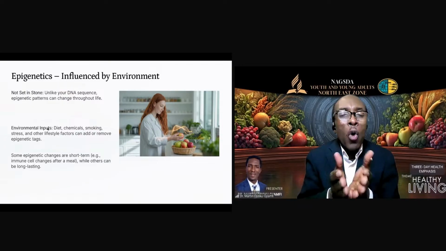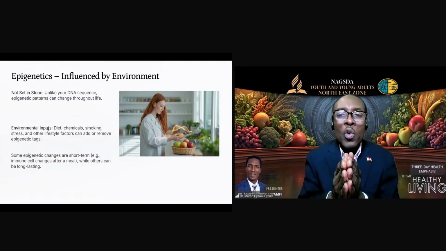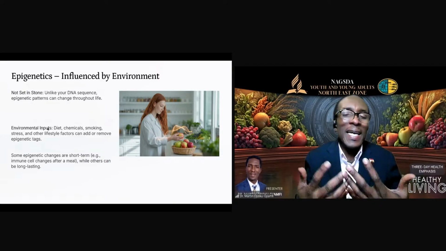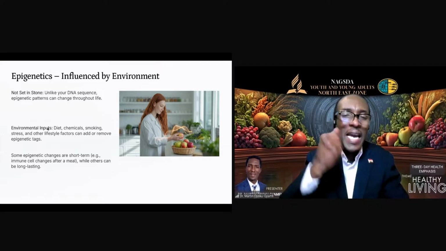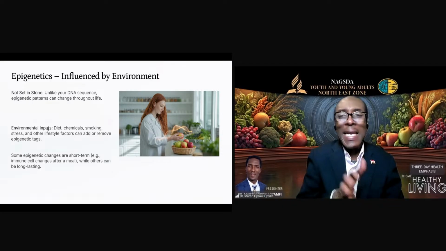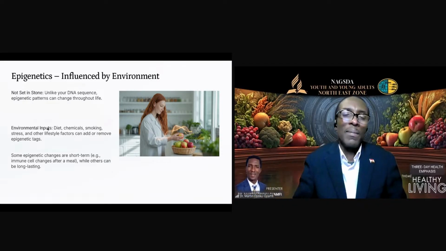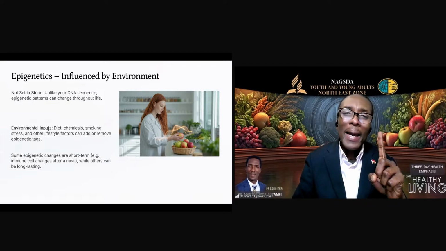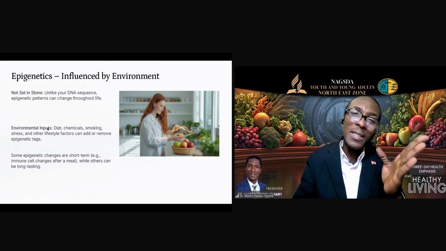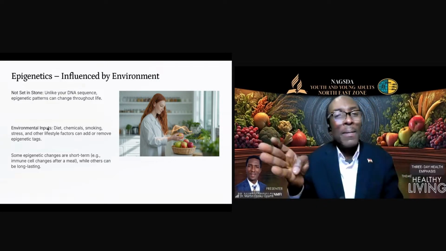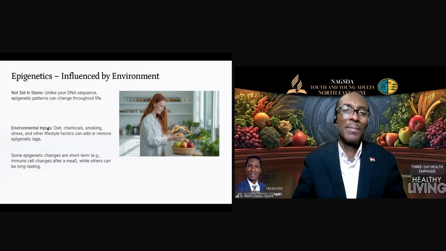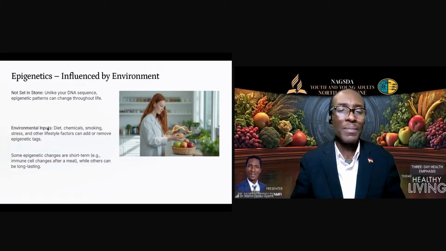If you're eating poorly today, you are creating epigenetic imprints on your DNA, on your cells, that can lead to one action or the other. Even though epigenetics can change, some of the effects may be long lasting. We'll come back to that later.